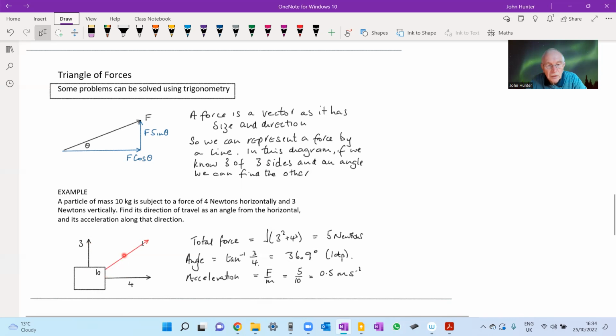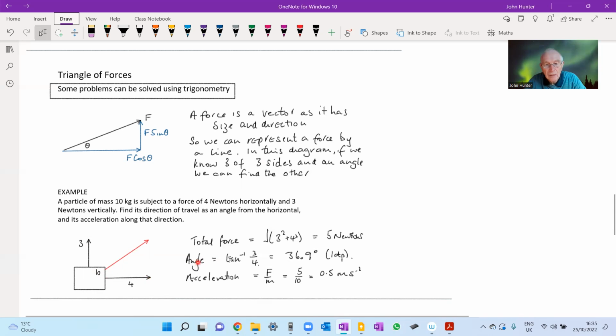Imagine our 3, 4, 5 triangle. 3, 4, and the hypotenuse is 5. So we're using the geometric representation of it. So that is the force. The tangent of the angle we want to know is 3 divided by 4.